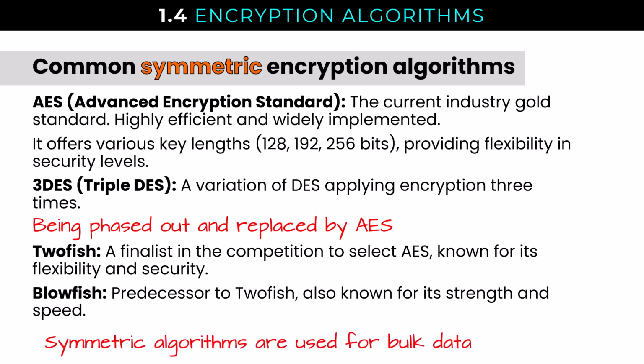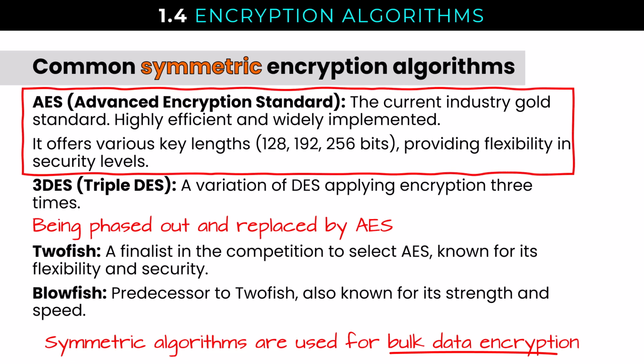Reminder, symmetric algorithms are used for bulk data encryption. And if I had to guess which of these algorithms would be most likely to be mentioned on the exam, I would say it's AES. It's widely used in the Microsoft ecosystem, a go-to in the US military in some very high security operations with a 256-bit key. I'd guess it'd be that one.